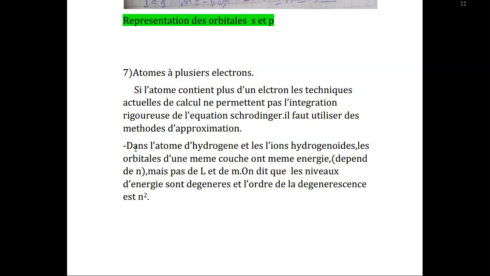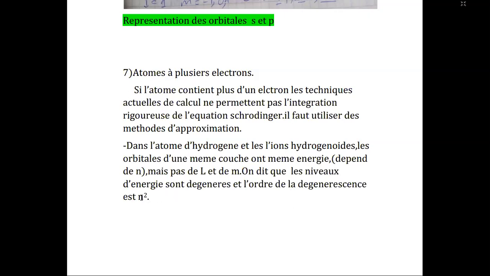So in the atom of hydrogen and the hydrogenoid ions, the orbitals of the same shell have the same energy, which depends on n, mais pas de l et de m. On dit que le niveau d'énergie dégénéré, l'ordre de la dégénérescence, est n².